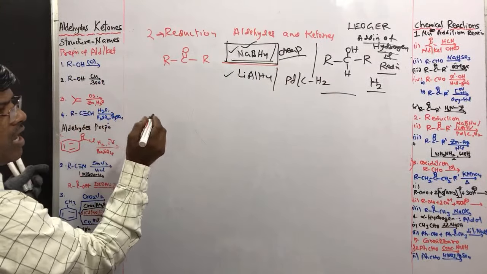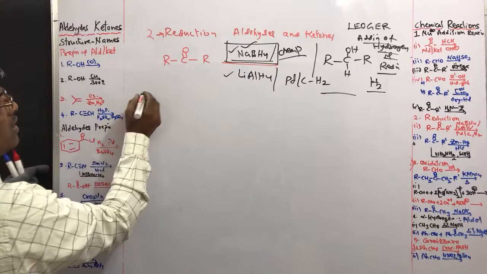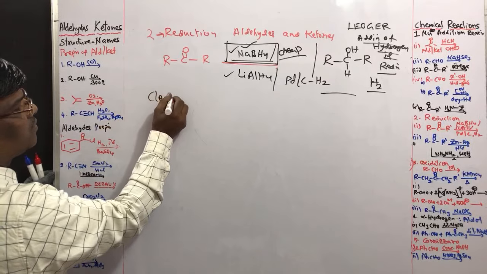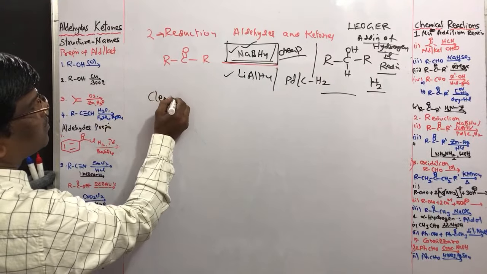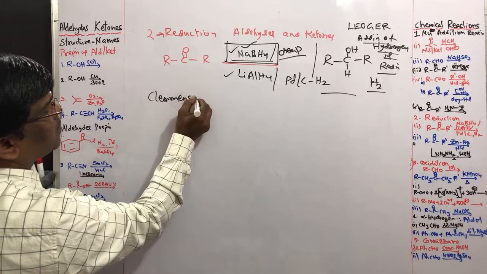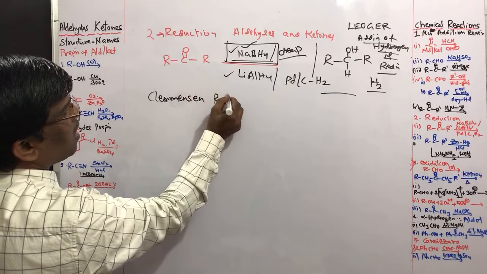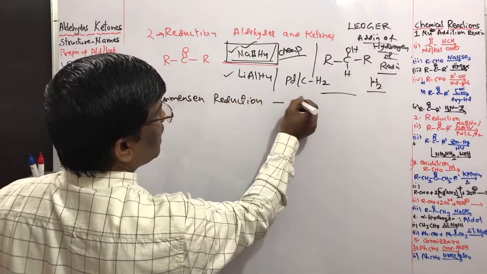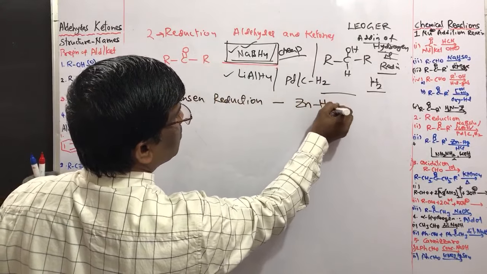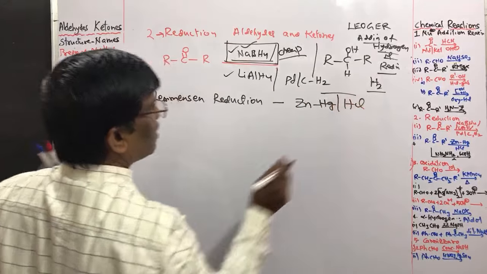So there are two name reactions which are given to you, that is Clemmensen reduction, where you will use an acid catalyst or acidic medium, zinc amalgam in presence of HCl.